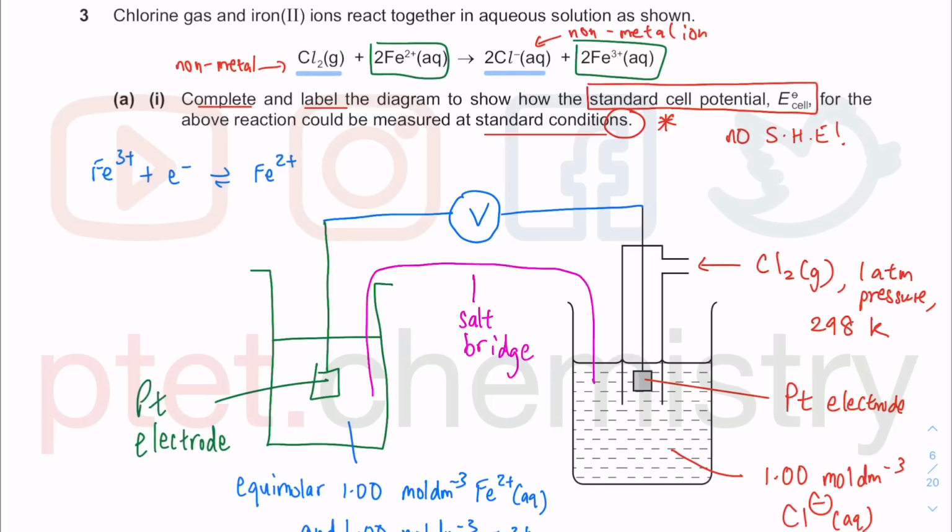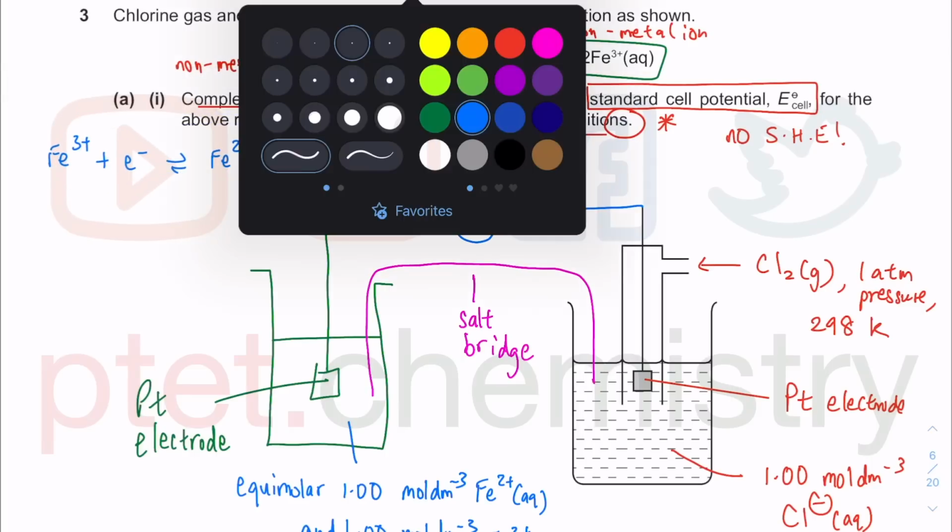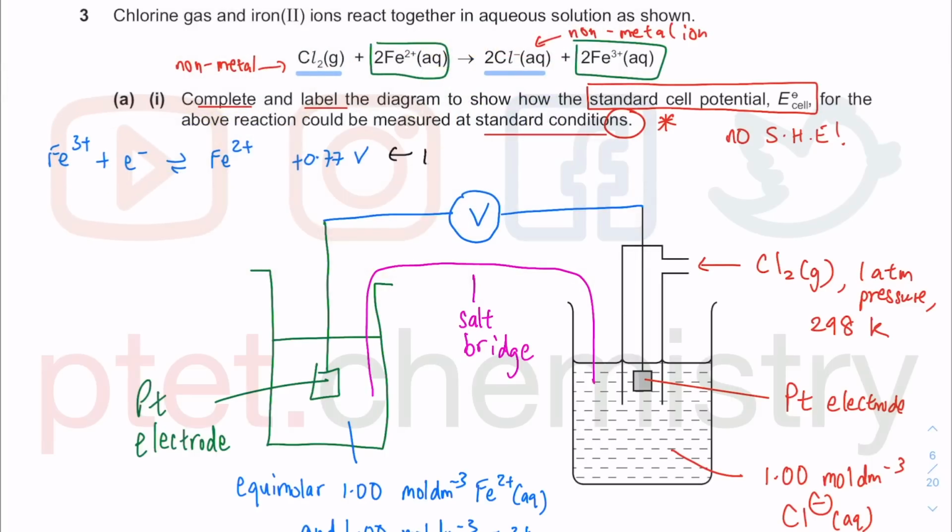Because reduction potential is always shown as reduction. So electrode potential is reduction potential. Reduction potential always show reduction. So I'm on the data booklet. Iron 3 plus going to iron 2 plus is plus 0.77 volt. We know that it's not the iron 3 plus that we started reacting with, it's the iron 2 plus. So we know that this is our EOX.